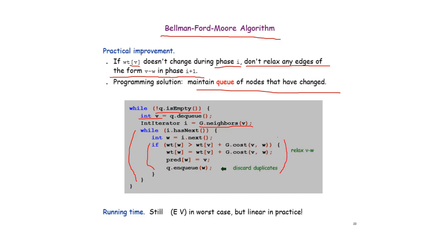Actually, this algorithm still runs in EV time complexity, but in practice it's much faster. Also, a very important point here is that we need to enqueue W into our queue, so we can discard duplicates.